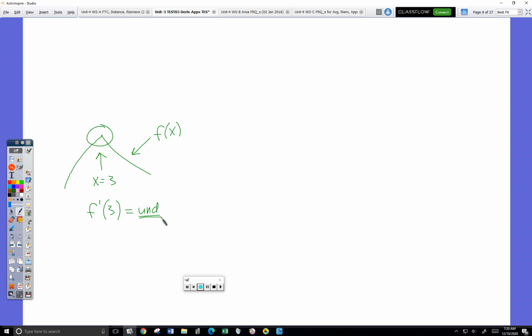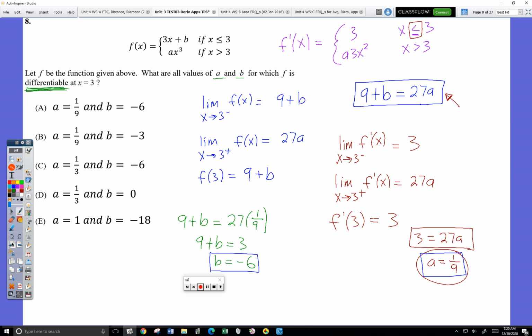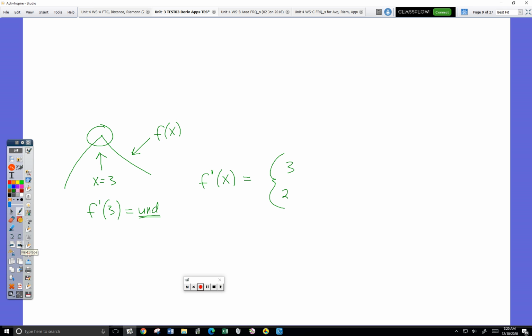So when I'm writing the formula for f prime, the corner, if there is one, is going to occur at the junction of the two functions. So we had something like this. I can't remember what it was. So this is the formula which tells us how to find all f prime values.